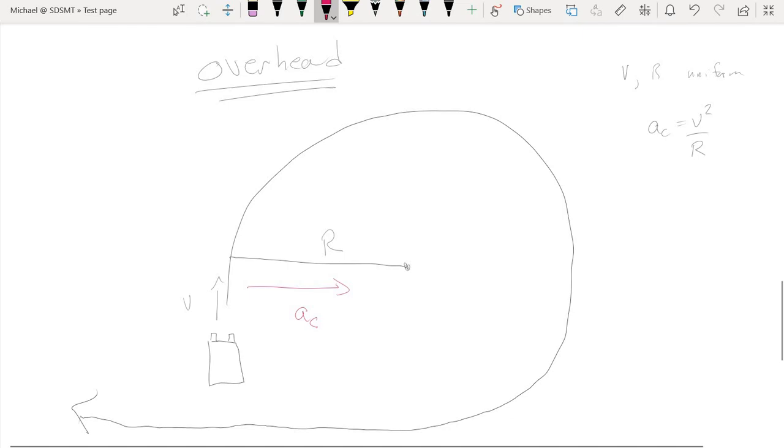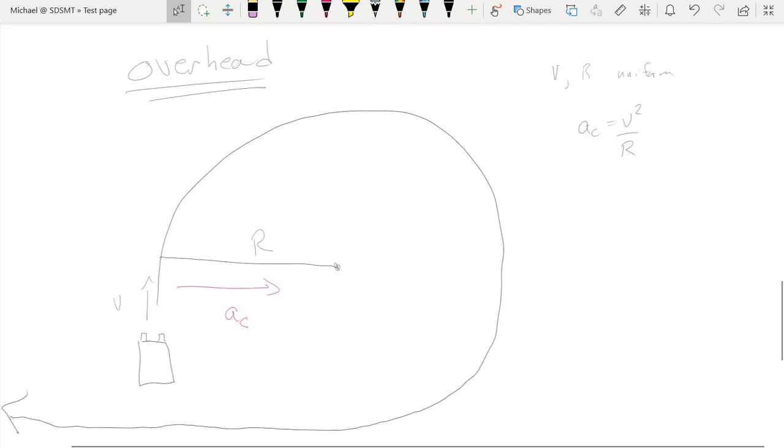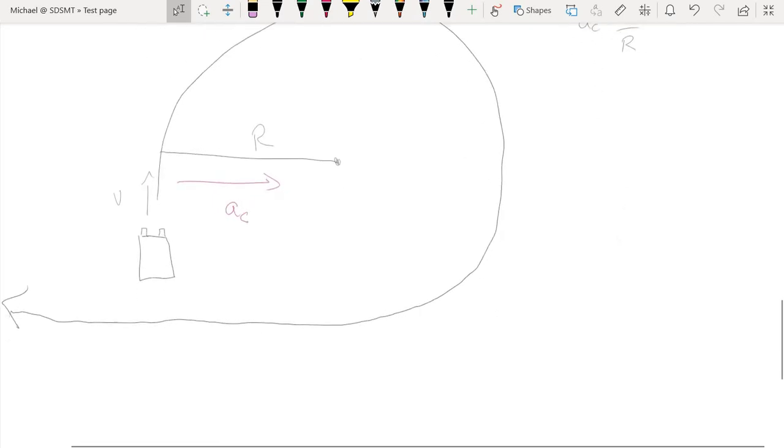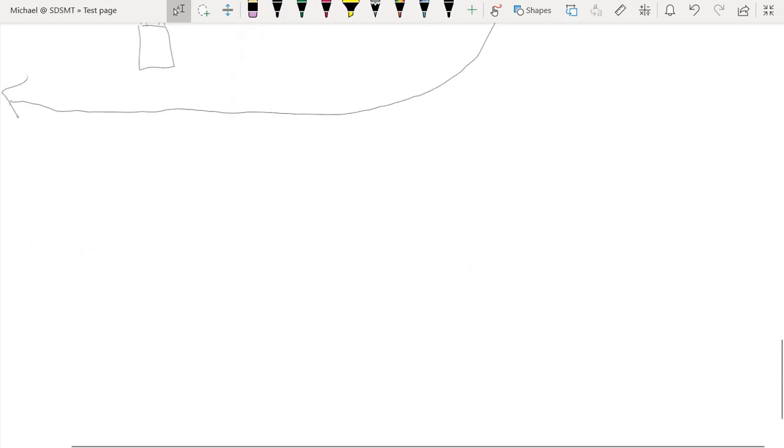Now we can go through the list of candidates. We can say, well, is it gravity? No, gravity's not going to pull you towards the center of the exit that you're traveling on. In fact, if we draw kind of a side view, so now we're going to look at the back side of the car.